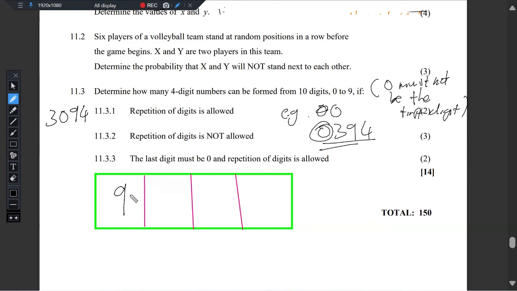So I will have 9 and then 10, 10, 10. For these 3 other spaces, I can use all the digits. But only for the first digit, I must be cautious of not having a 0 there, which is why I'm only having an option of 9. So that's your 11.3.1.